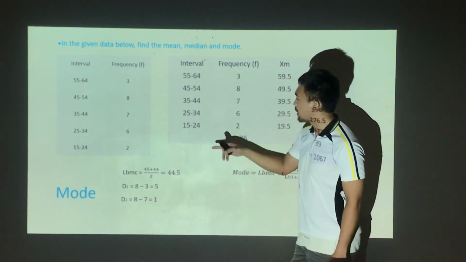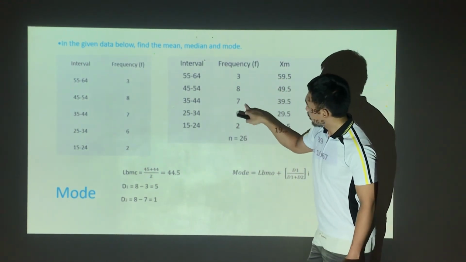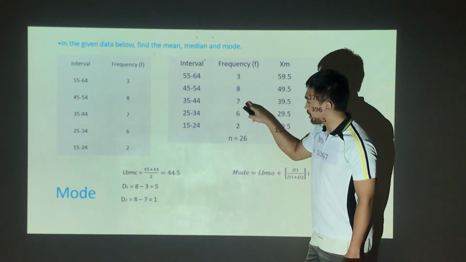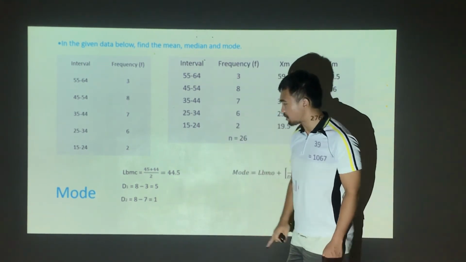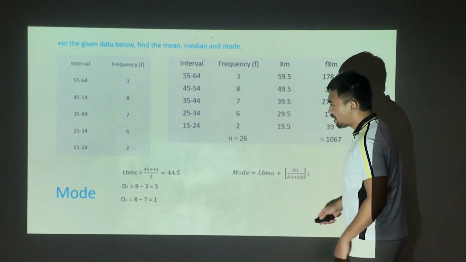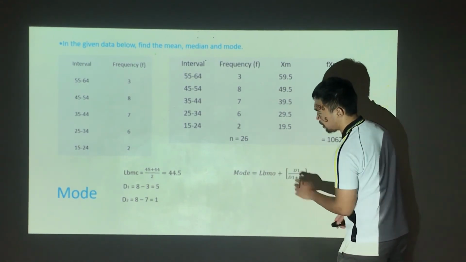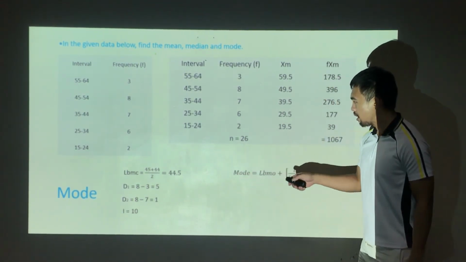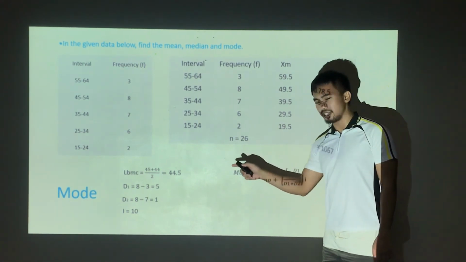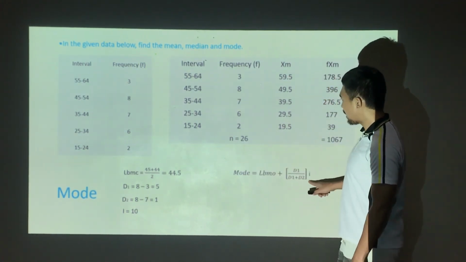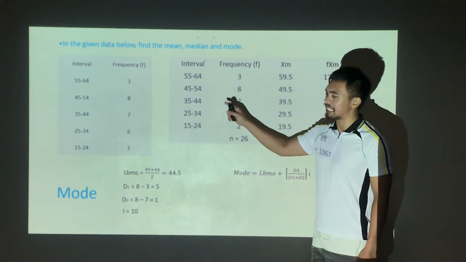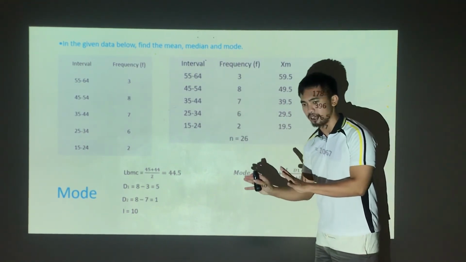That is 8 minus 7, the one below, and that will give us 1. So we already have these terms. The last thing to solve is our interval. Again, our interval from this given data is, of course, 10.